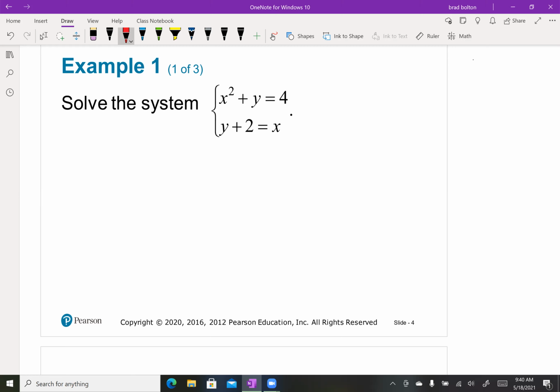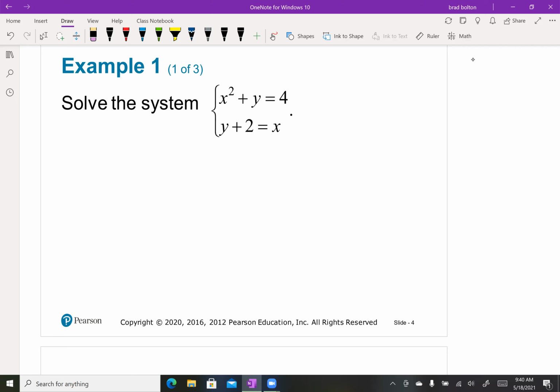In this particular problem, remember in previous cases, if you had y equals 2x plus 3, and you had y equals 7x minus 4, and this was your system, what you could do is you could take and put 7x minus 4 in place of y. Okay, so you take one equation and you substitute it into the other one. So we're going to use similar thinking to that for this particular problem.